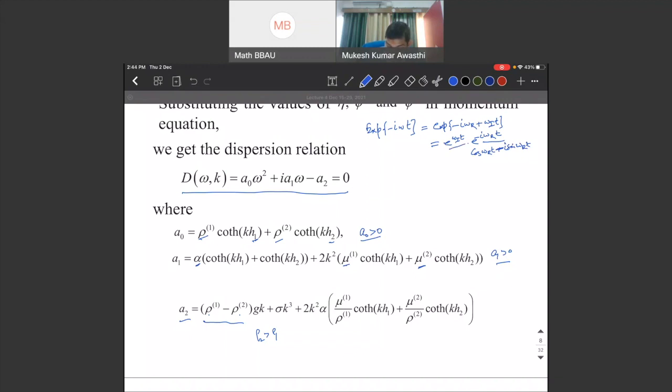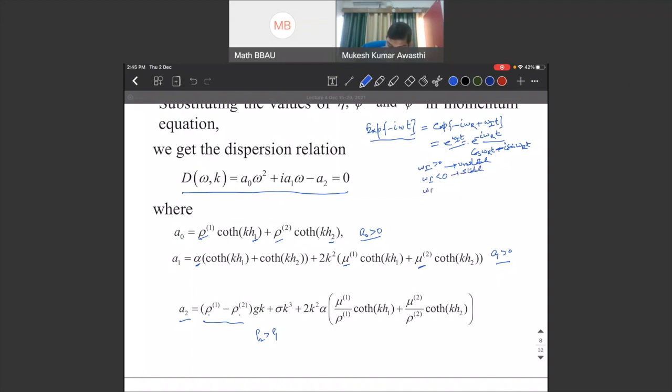But if omega I is positive, then as t goes to infinity, the amplitude of the interface goes to infinity, meaning the system is unstable. And if omega I is negative, then as t goes to infinity, e to power omega I t goes to 0, meaning the amplitude of the interface will tend to 0, and this is the stable case.